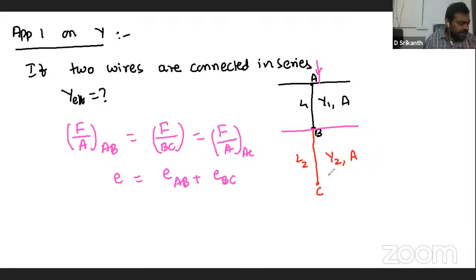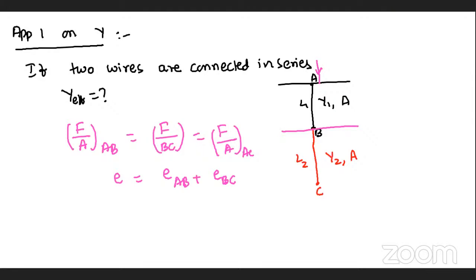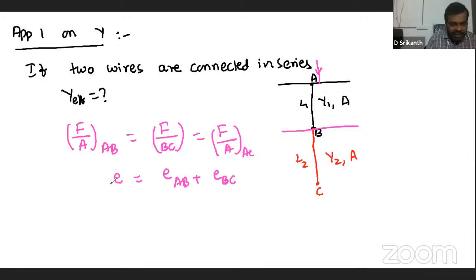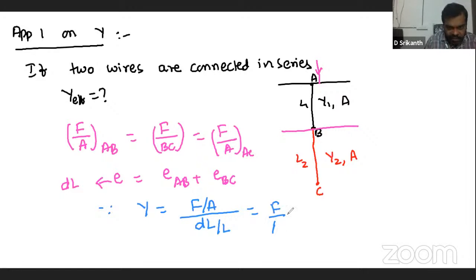Elongation means which we can also indicate with DL or DX. We are having the formula Y is equal to F by A divided by DL by L, that is nothing but F by A times L by DL.